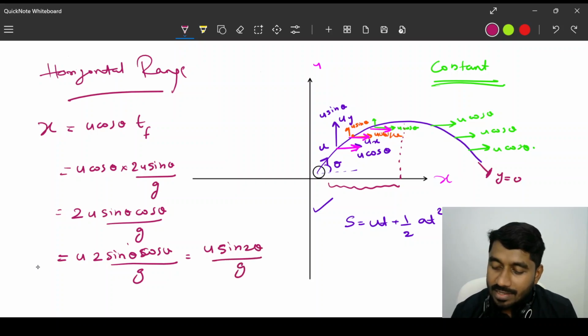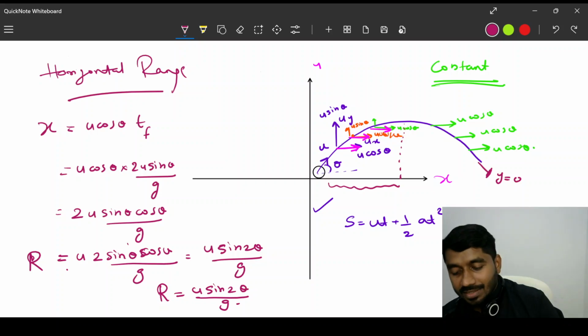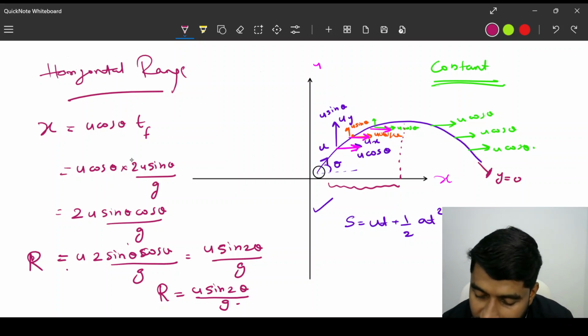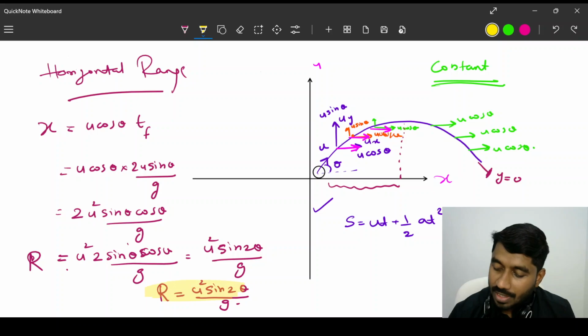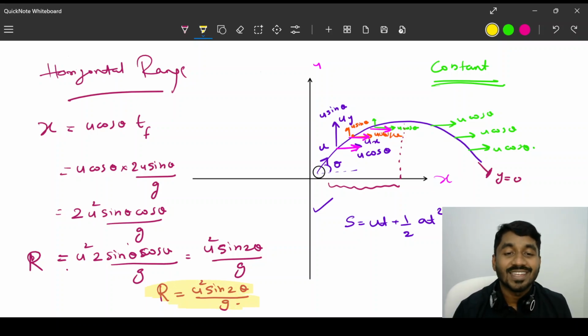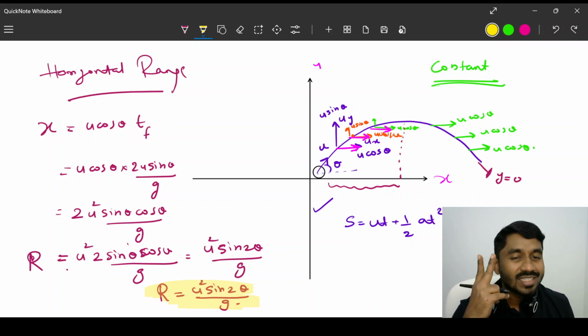This is the equation of horizontal range. I'm sorry guys, there's a mistake. It is u square sin 2 theta by g. So this is the final equation you get for the horizontal range. Clear? u square sin 2 theta by g. We got the second one.